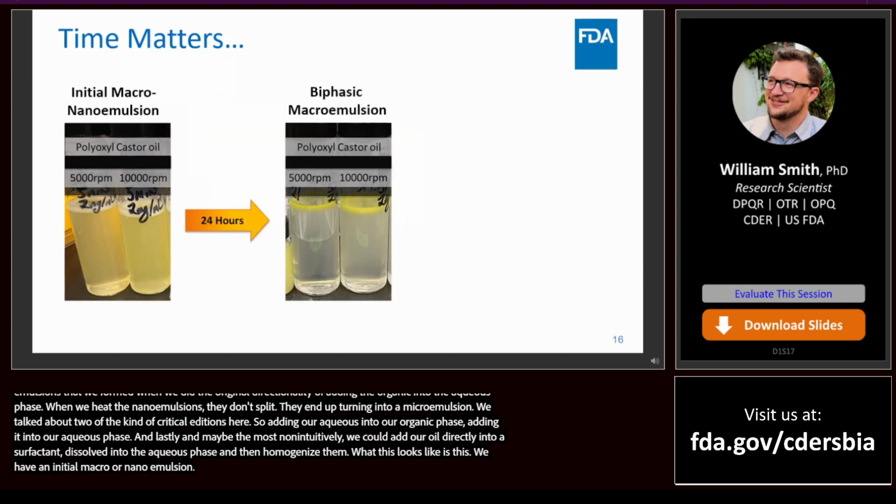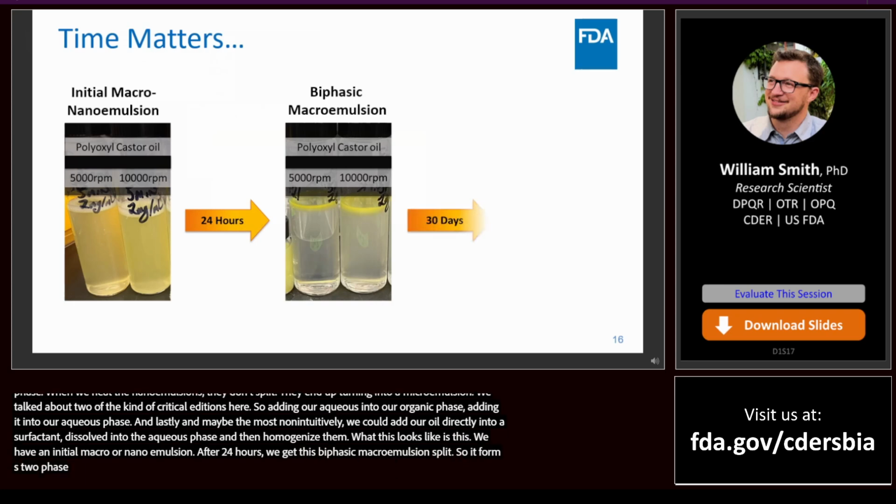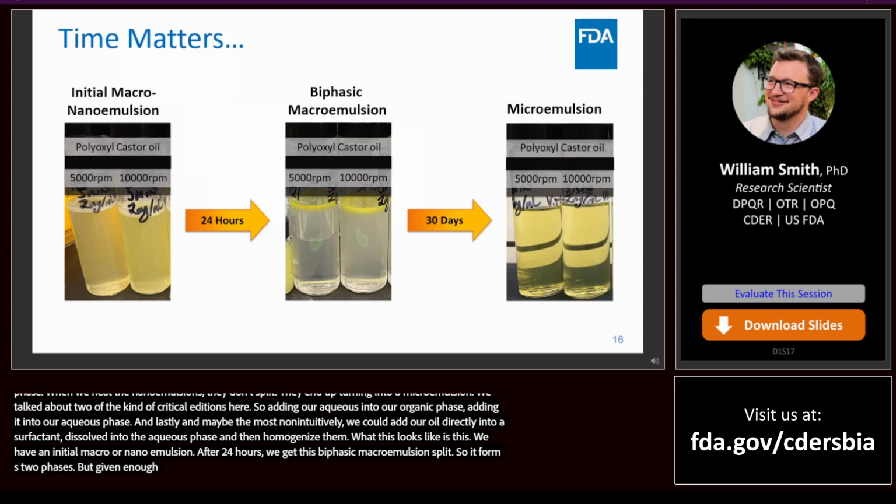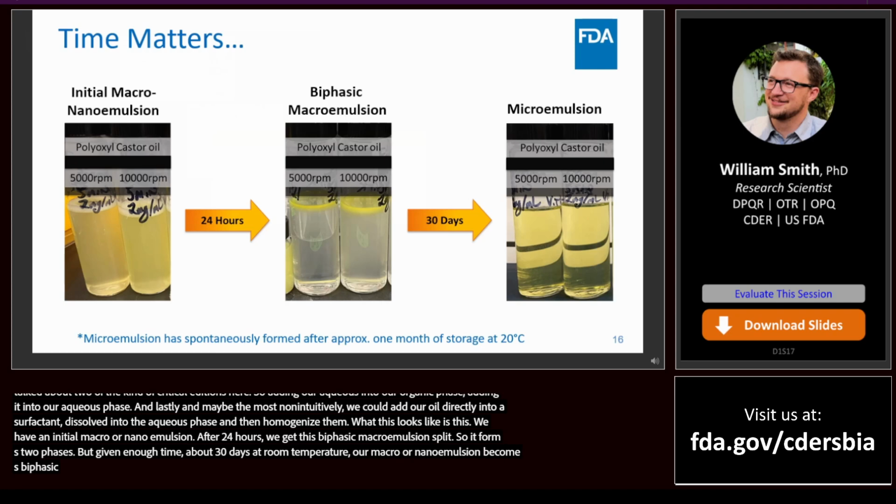After 24 hours, we get this biphasic macroemulsion split, so it forms two phases. But given enough time, about 30 days at room temperature, our macro or nanoemulsion becomes biphasic and spontaneously forms a microemulsion, given enough time and energy.